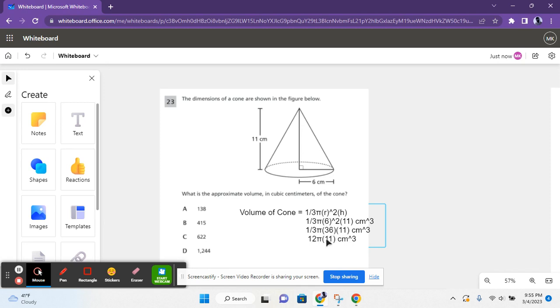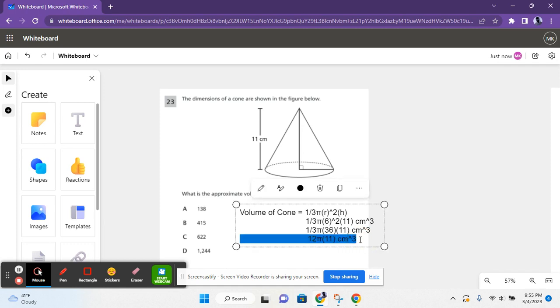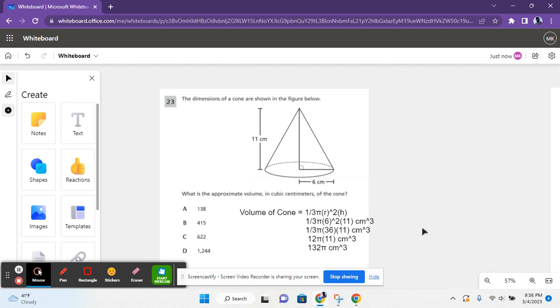You add on the times 11 centimeters cubed, and if you do 12 times 11, that gives you 132 pi centimeters cubed.